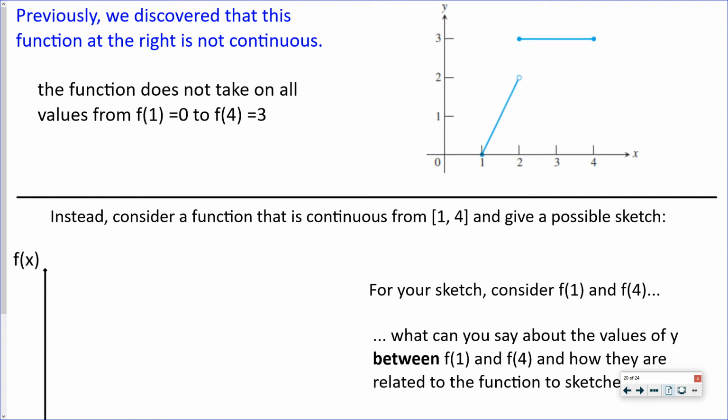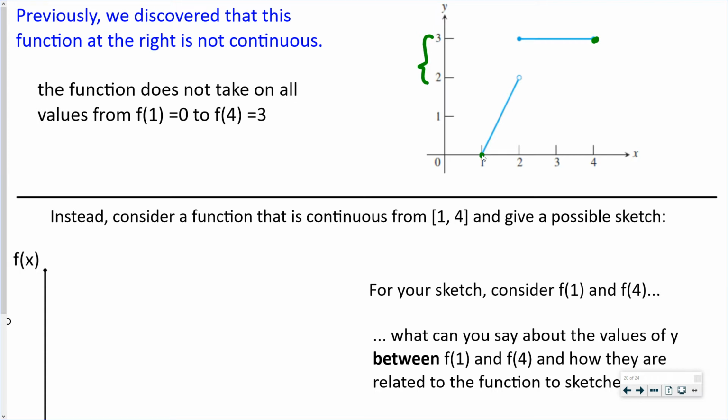So the function doesn't take on all of the values from our endpoint here when f of 1 is 0 to our other endpoint here when f of 4 is 3. We can see it's missing this gap of outputs in between 2 and 3. So obviously it's not continuous.